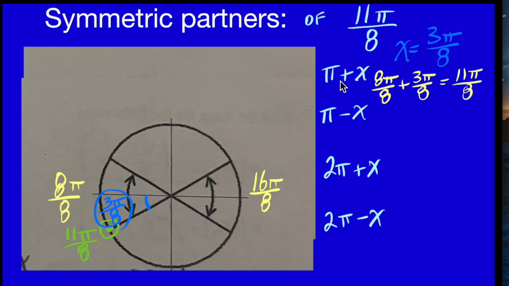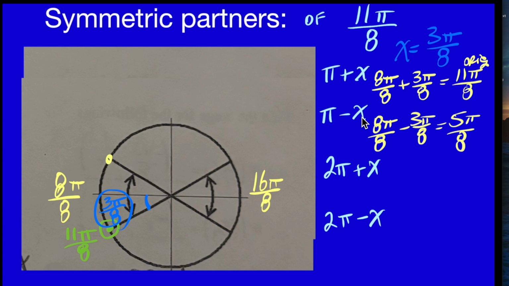Folks, it turns out that's the original value that they want us to find the symmetric partners of. That's okay. Let's keep moving. We're going to have 8 pi over 8 minus 3 pi over 8. That's going to give us 5 pi over 8. That's going to put us right here at 5 pi over 8. That is one of our symmetric partners.